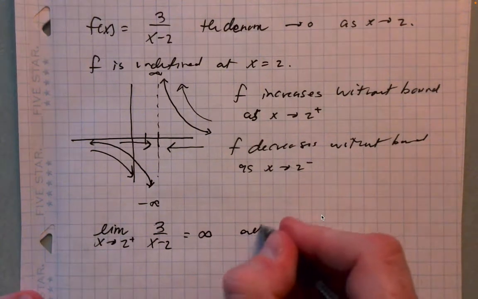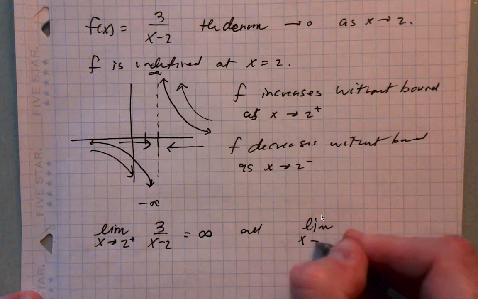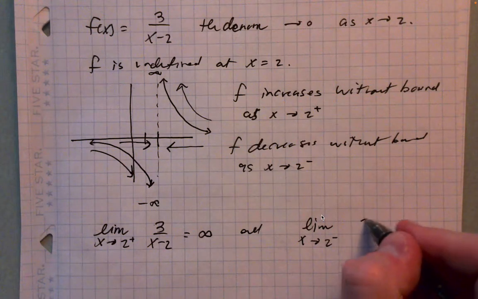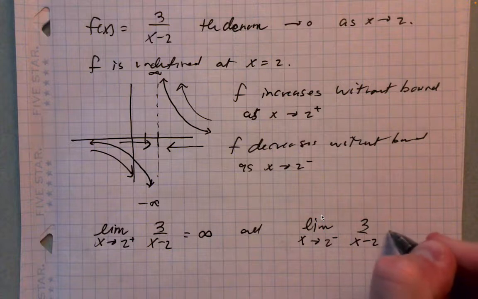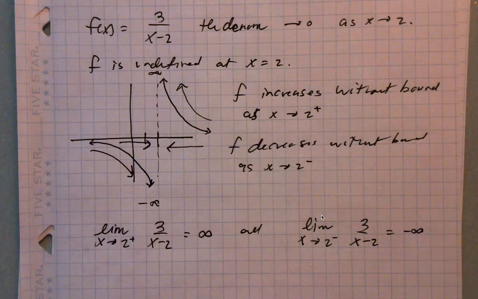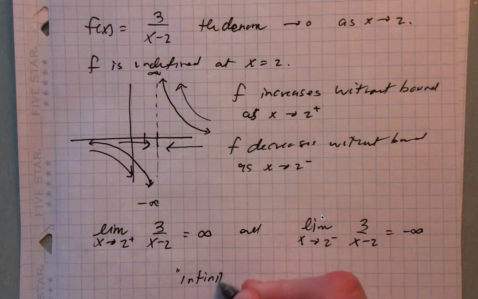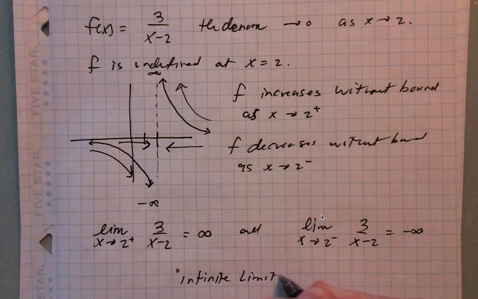And the limit as x approaches 2 from the left-hand side is negative infinity. Right, so these are infinite limits.